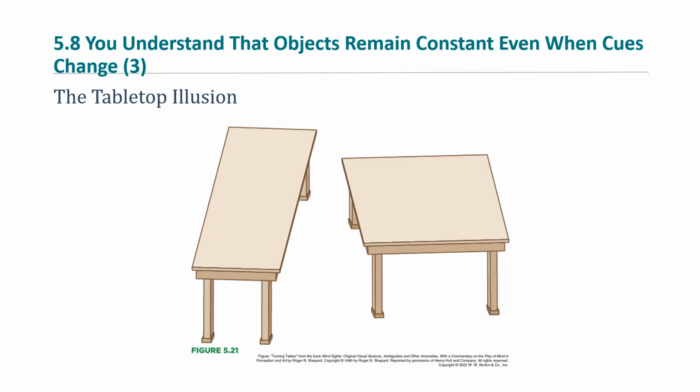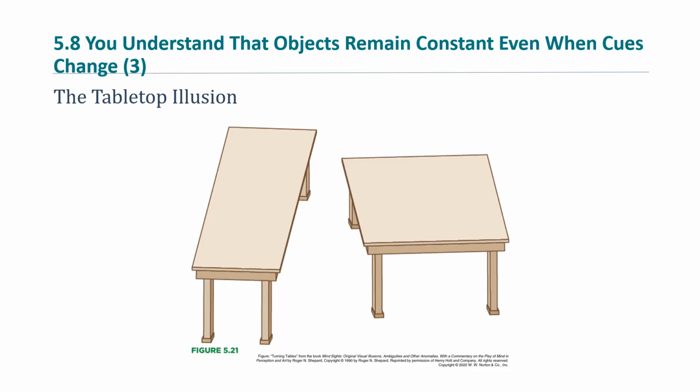The placement of the table legs makes the first table look like a long rectangular table. We see it as a rectangle, and so that affects our perception of it. Because of the way the legs are placed in the second table, we see it as a square table.